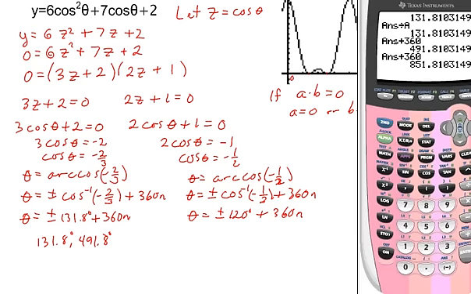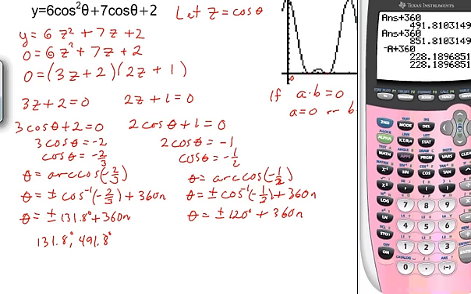Let's look at negative alpha A. That would be negative 131.8 plus 360. Okay, 228.2 plus 360. And that is going to be 588.2.